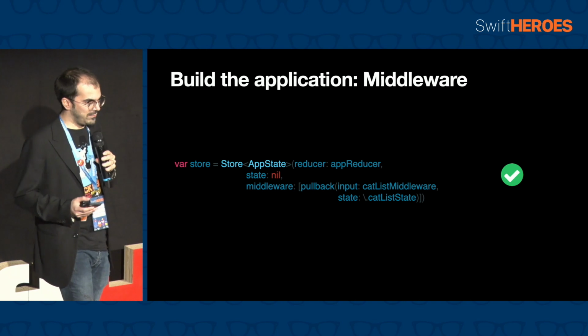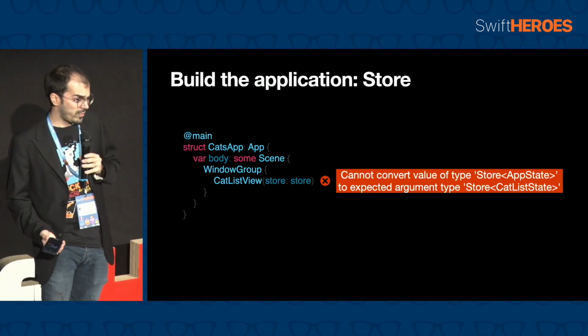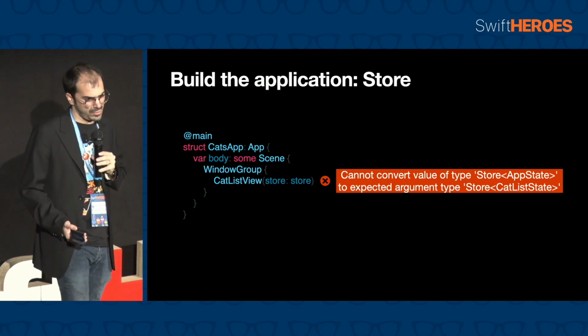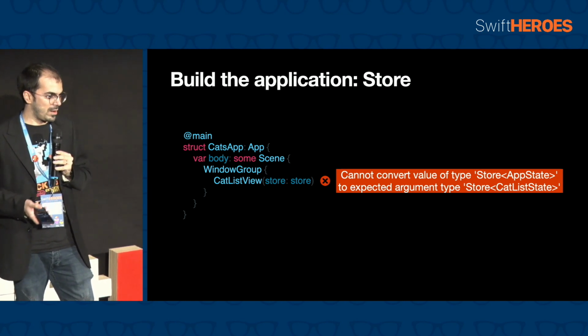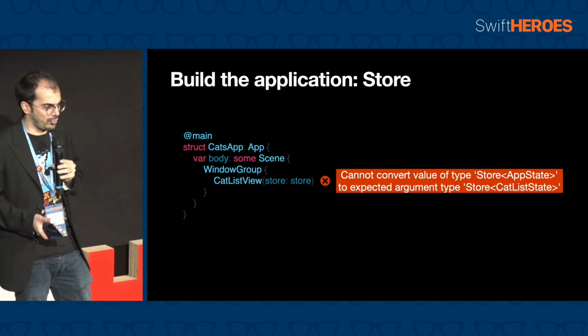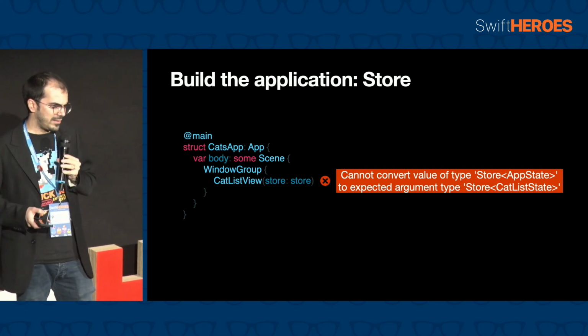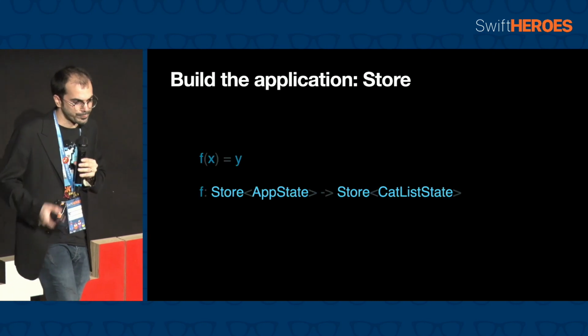But remember, we changed the middleware in the module we created, and we changed also the store. In fact, we have still one issue to solve, which is the store. It's almost the contrary of the previous one. In fact, here our view is expecting a store of CatalystState, but we have a store of AppState. So let's try to solve it in the same way we solved the first problem.